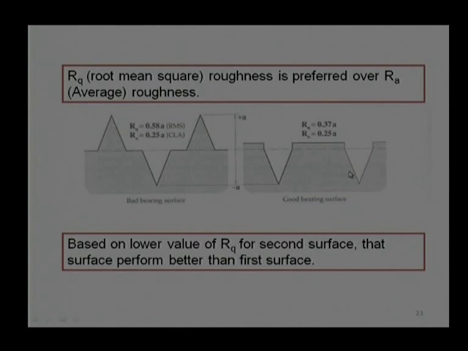So, in that case, these valleys will act as a dustbin. If particle debris is generated, it will get dumped in the valleys. It will not be between two surfaces. It will not be kept a longer time between two surfaces. So, that is beneficial for us. So, in short, we can say this right hand side surface performs better from a lubricant storage point of view and for removing debris from the contacting surface.